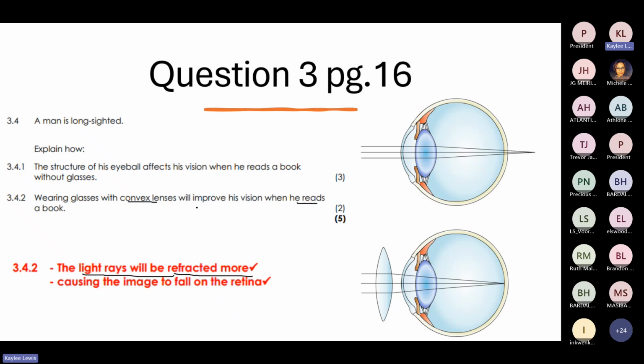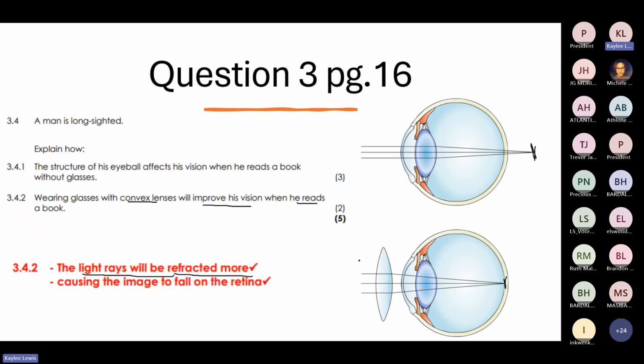And how does it improve his vision? Well, if it's refracted more, that means that the image will fall on the retina. So if we look at the top image here, without the lenses, the image falls, remember, behind the retina.